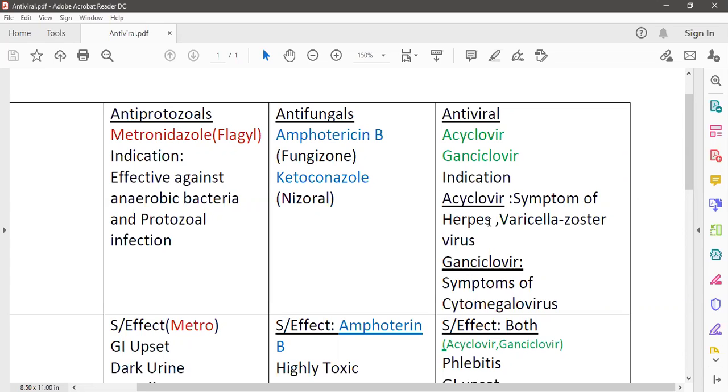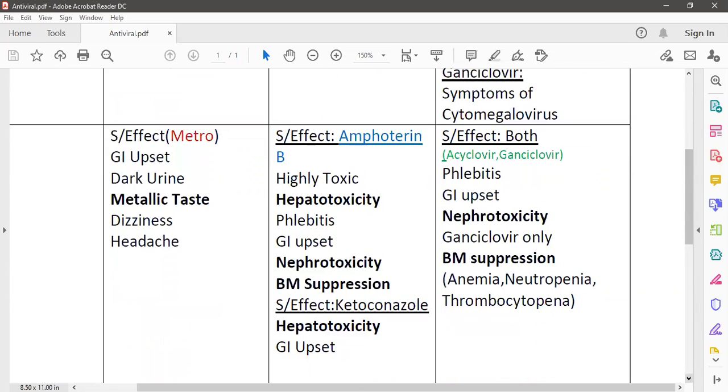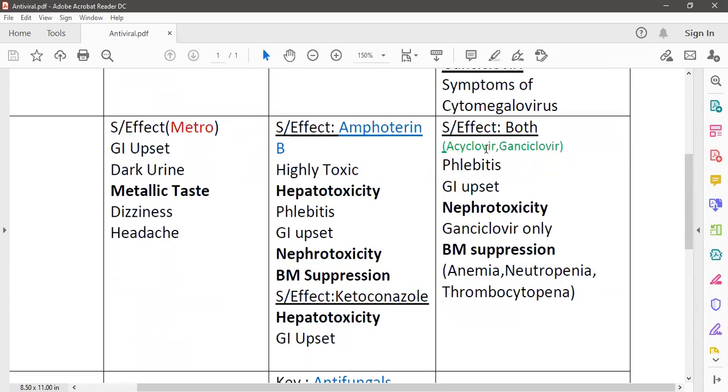So what are the other side effects of antiviral medication? Antivirals, especially acyclovir or ganciclovir, cause phlebitis or GI upset. GI upset, I said: nausea, vomiting, diarrhea.